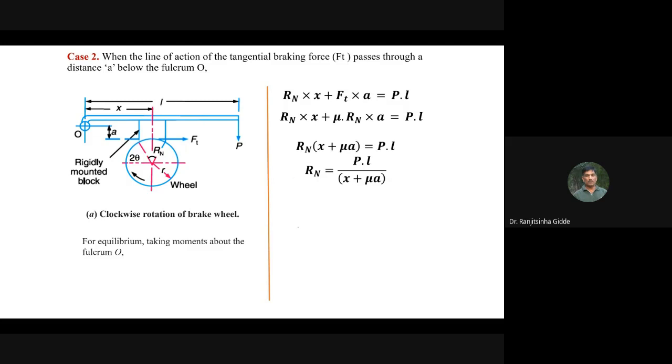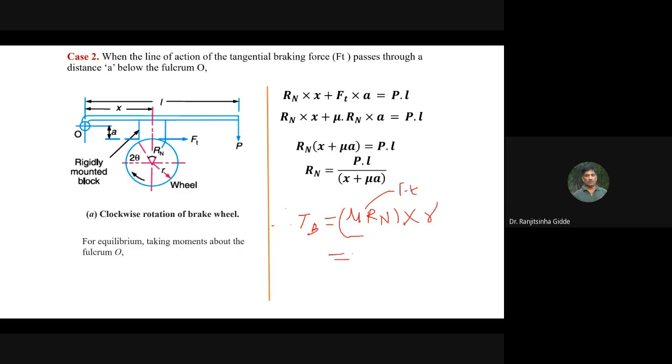Now braking torque. So TB is equal to, no change in the formula, TB is equal to mu Rn into R. This is for Ft.